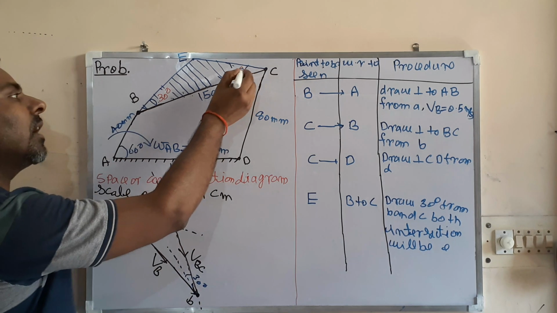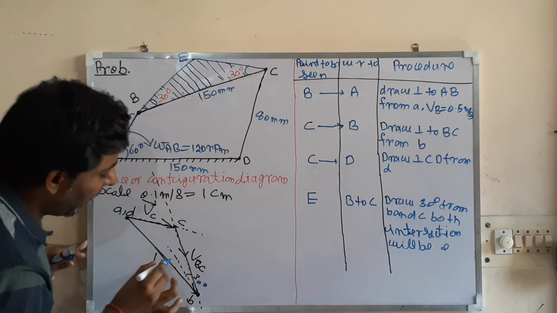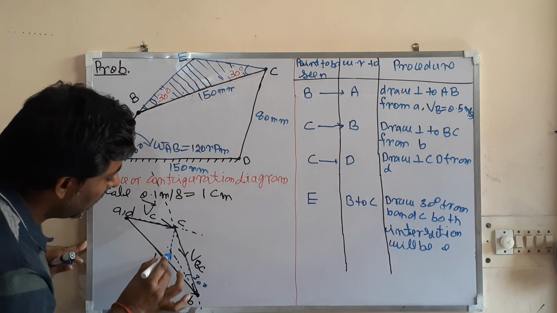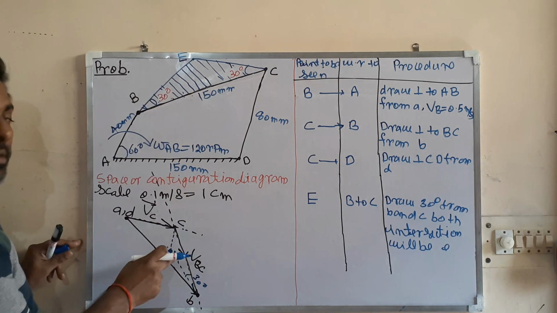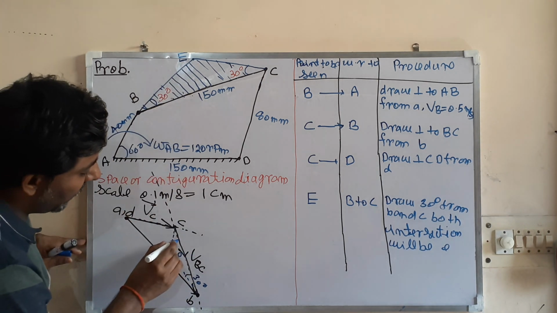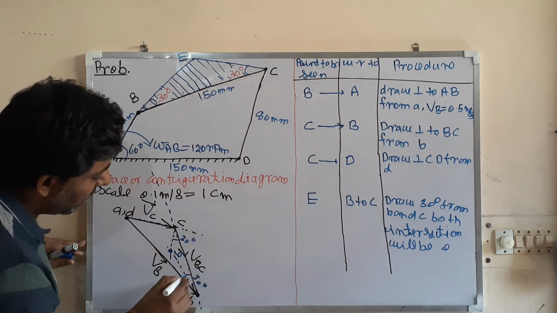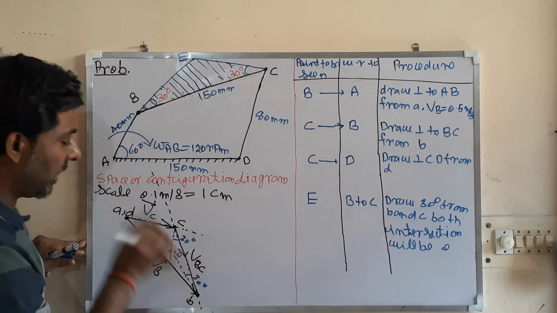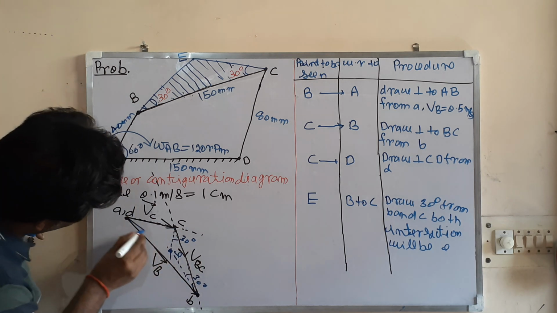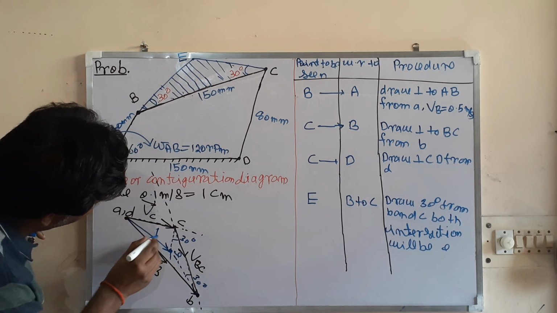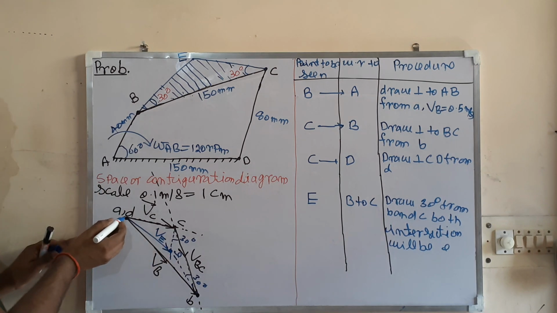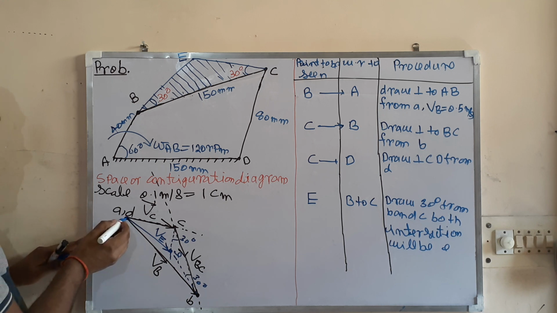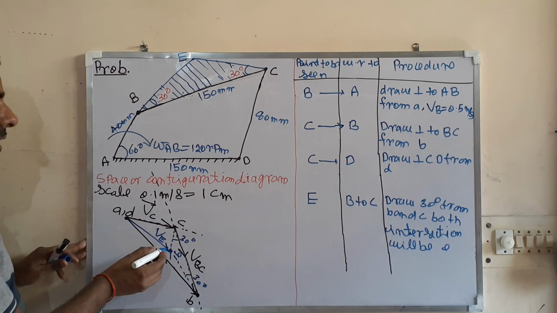Now from C this angle is again 30 degrees, so you have to make the 30 degrees from C also, and the intersection of these two will be the small e, that is the velocity of point E. Now this will be the absolute velocity of point E, that is, from the fixed point. This end D is fixed, so you join it from the fixed point, then you will get the absolute velocity of point E.